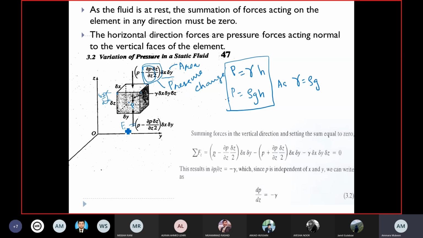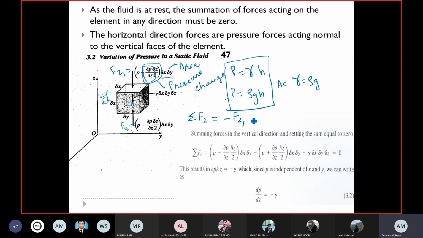This is Fz2, and this is Fz1. So taking the summation of all the forces along the z-axis, you'll get the final formula. The summation of F in the z-axis would be equal to minus Fz1, which is downward, because according to our convention, downward force is negative.